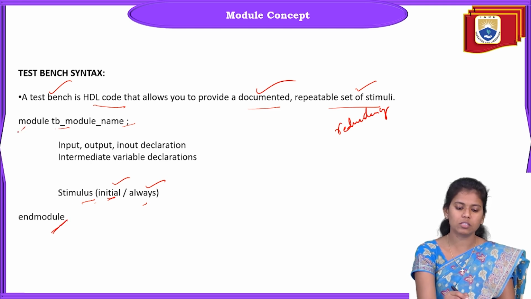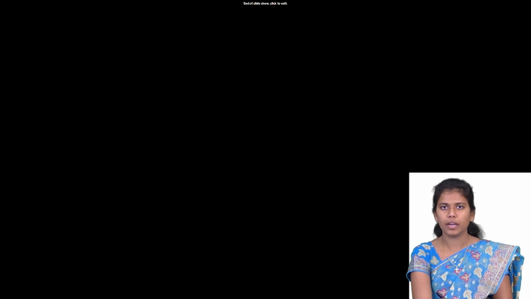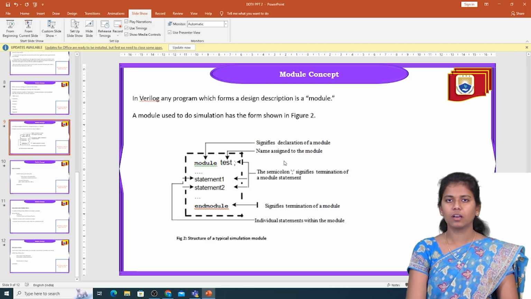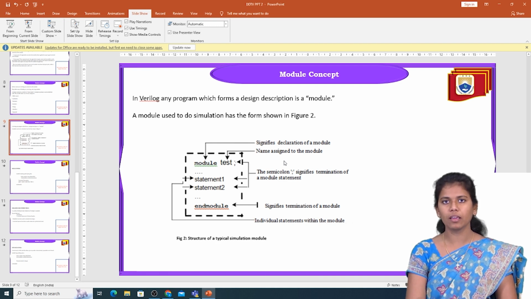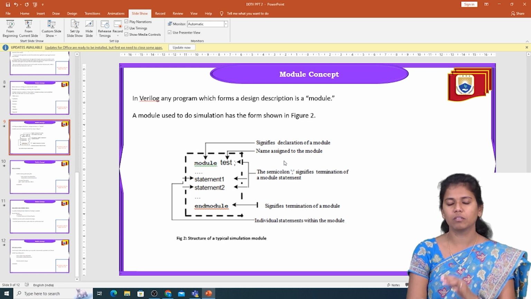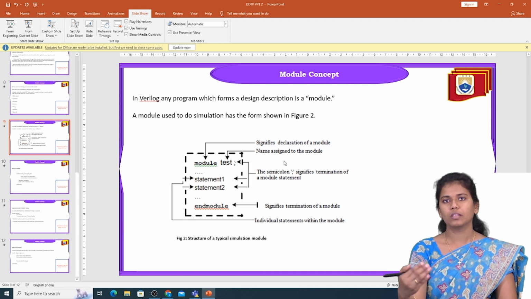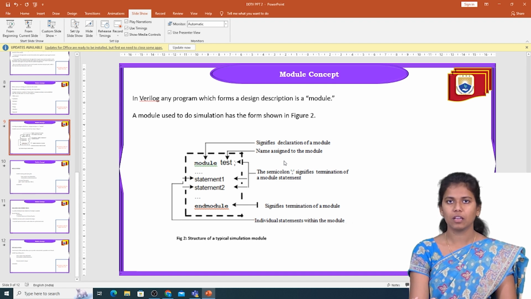Why? Because as you started with the keyword module, you must end with endmodule. So dear students, this is all about the module concept, the concurrency, simulation and synthesis, the different syntaxes, test bench syntax and module syntax, and software tools.